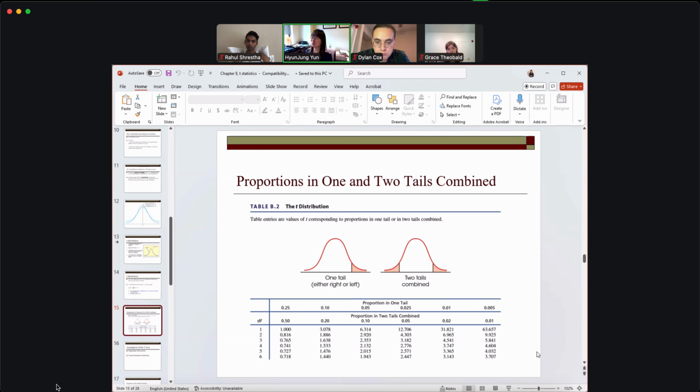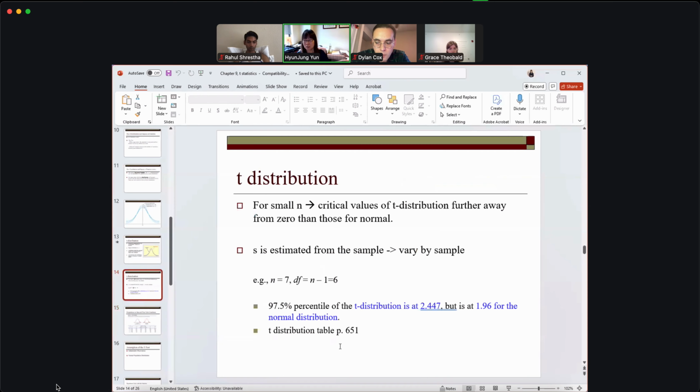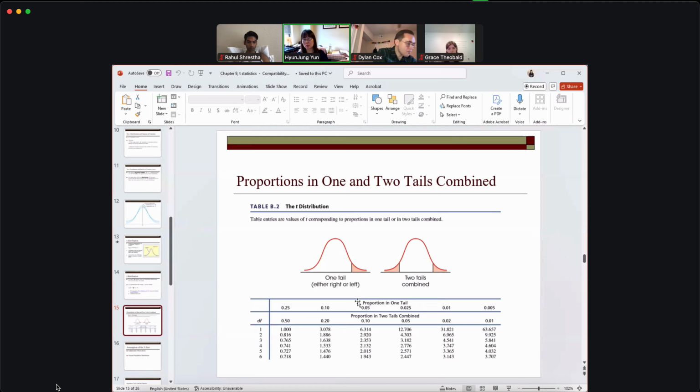So it's a little bit different way to read the table, but most of the tables beyond the Z table look like a T table. Okay, but there is something interesting you can see if you go to page 651. That's where this T table is listed, and it is one page long.